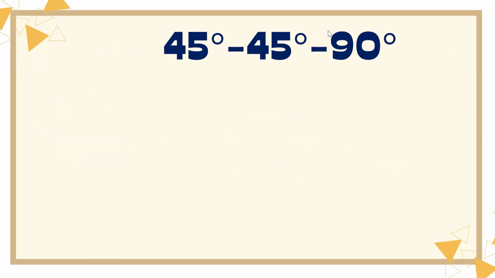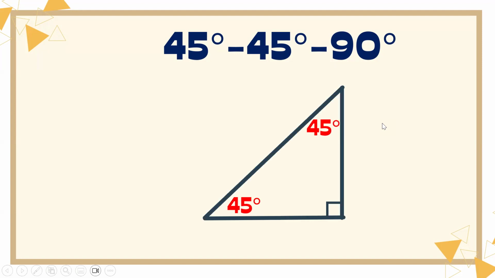So let's say we have the 45, 45, 90 triangle. The 45, 45, 90 triangle can be drawn like this. It is a right triangle. These two are what we call the legs of the triangle, and the longest side is your hypotenuse.